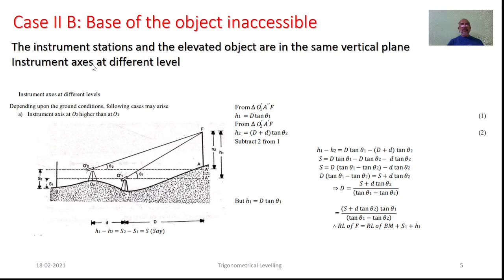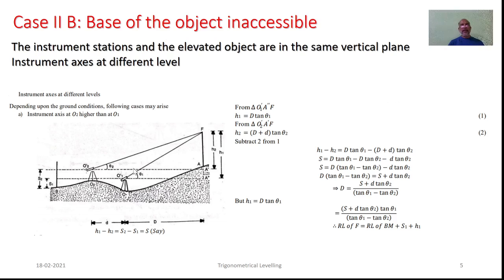With this case, we can keep the instrument height nearer to the station higher as compared to the other position, or it could be kept at a lower level, and accordingly we can deduce the expression.